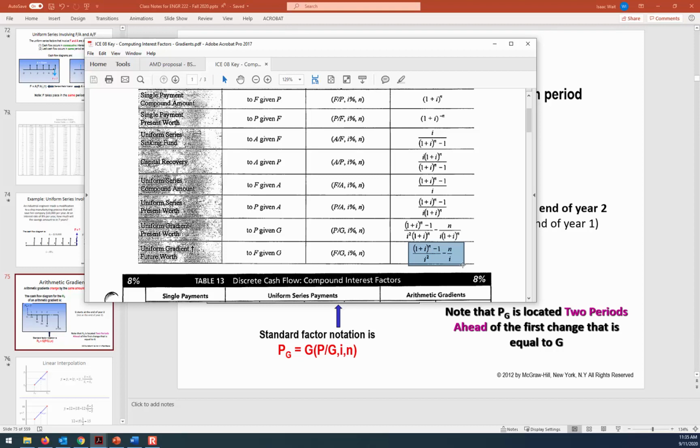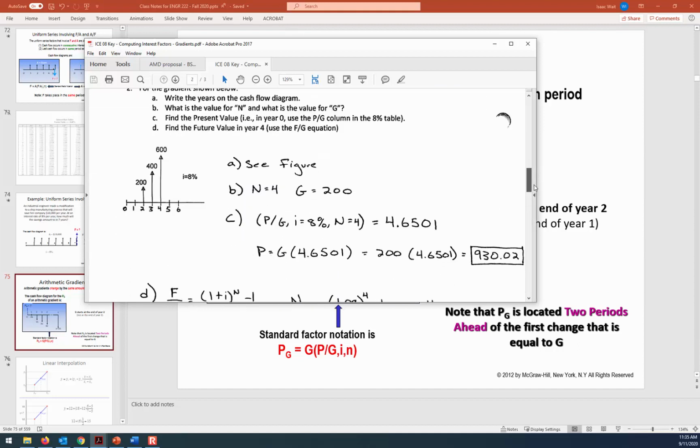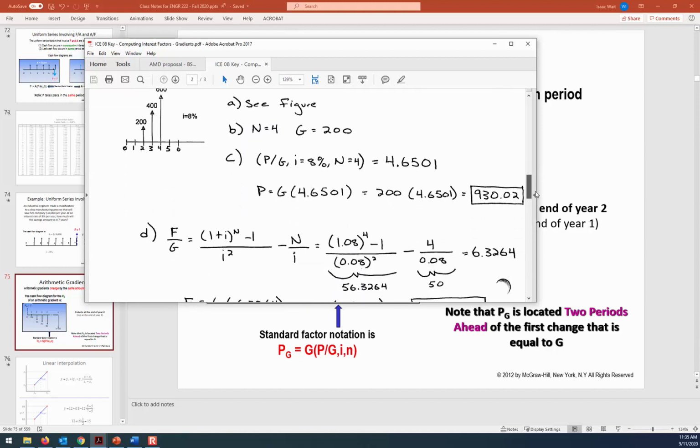That's going to be on the right-hand side of the equation, and on the left-hand side is F divided by G. So F divided by G on the left, and on the right, (1 plus i)^n minus 1, divided by i squared. And you can see I've done the substitution of the amounts and then found the resulting quantity in the first term on that side of the equation.